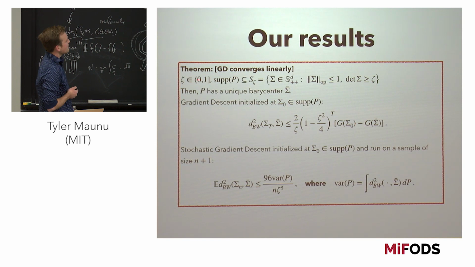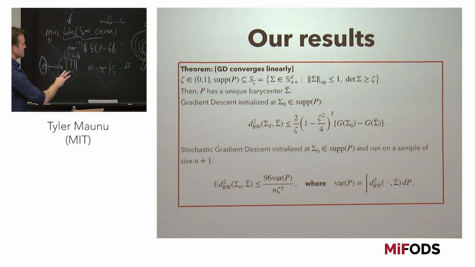Basically, for some fixed parameter zeta between 0 and 1, I assume that the support of my distribution lies in this set S zeta, which is positive definite matrices whose operator norm is bounded above by 1, and whose determinant is greater than or equal to zeta. You can, of course, rescale things to get operator norms bigger than 1, but this is just for simplicity of presentation.